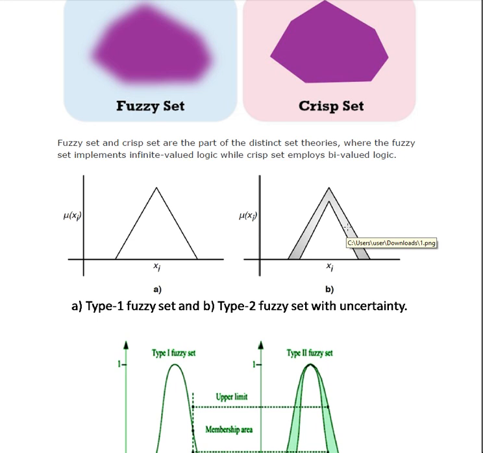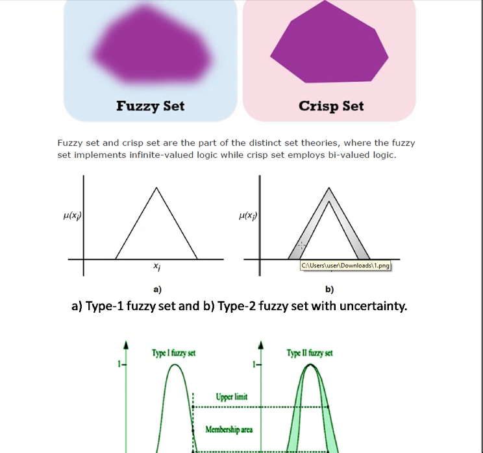Now when you look at the type 2 fuzzy set, its representation has something to say. Here we see a single edge, whereas here you can see the rise and fall of the edges having areas, whereas here that area is missing. This area talks about the vagueness or the uncertainty situations.